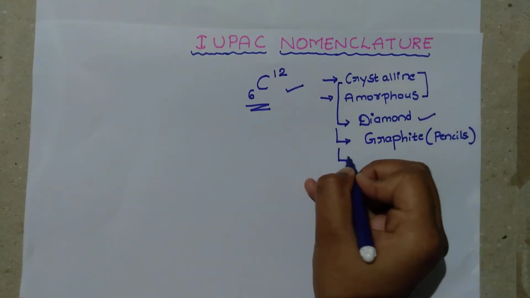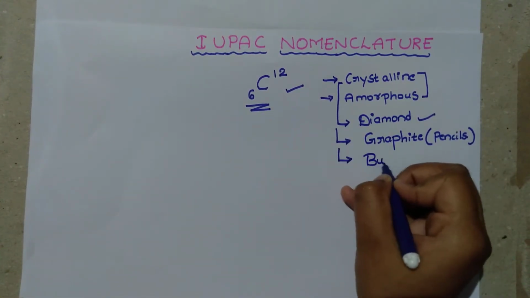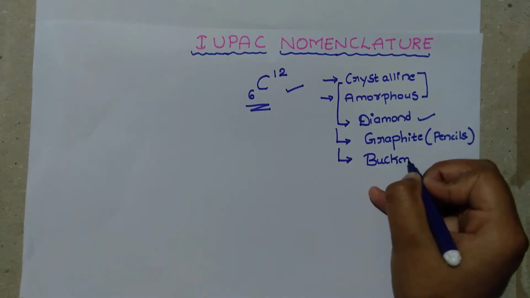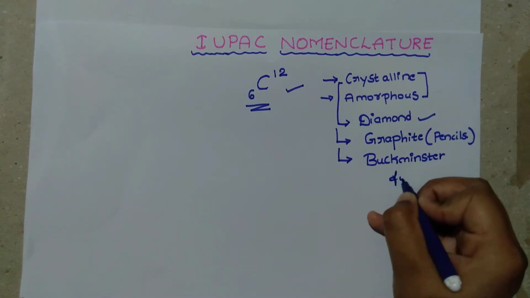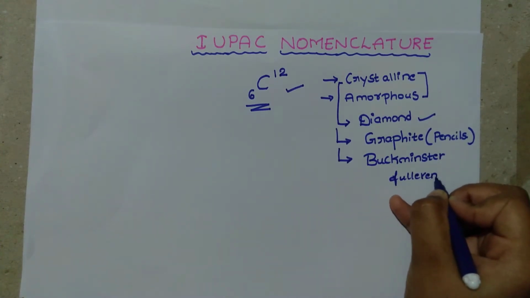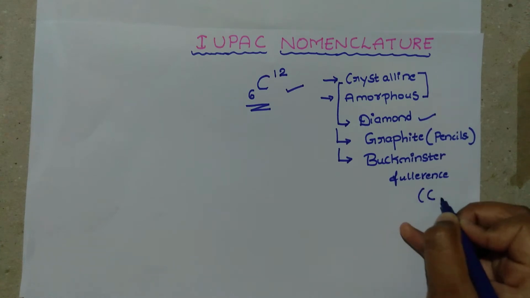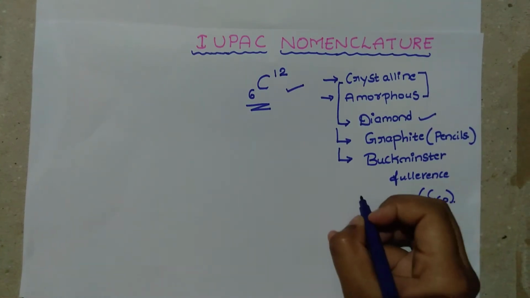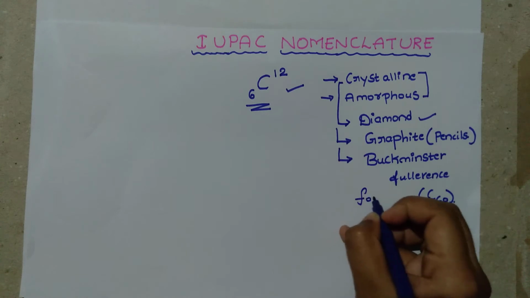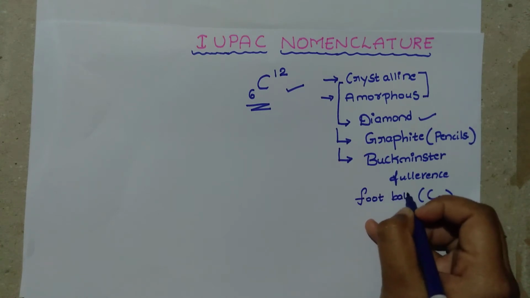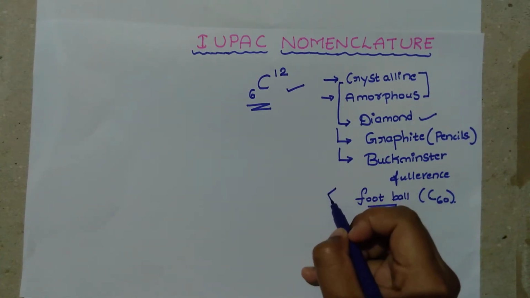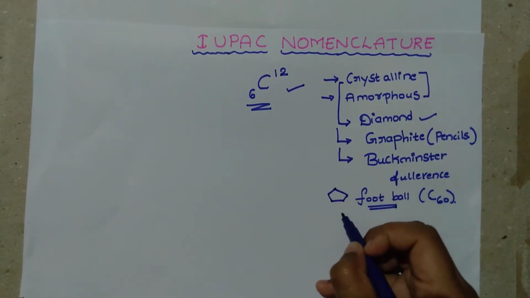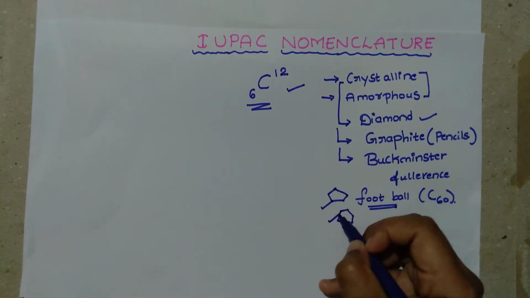And the third one is Buckminster fullerenes, which is also called C60. It has the shape of a football, because a football has pentagonal and hexagonal figures.